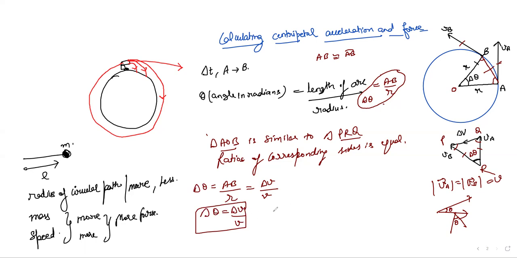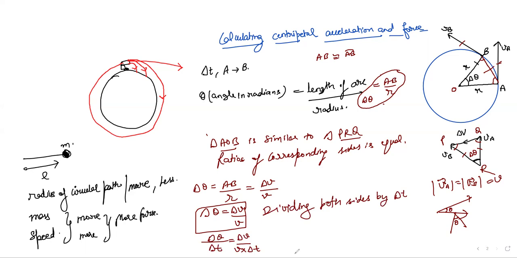Now we will divide both sides by delta T. Dividing both sides by delta T, we get delta theta divided by delta T equal to delta V divided by V, and then delta T. Now, what is delta theta by delta T?